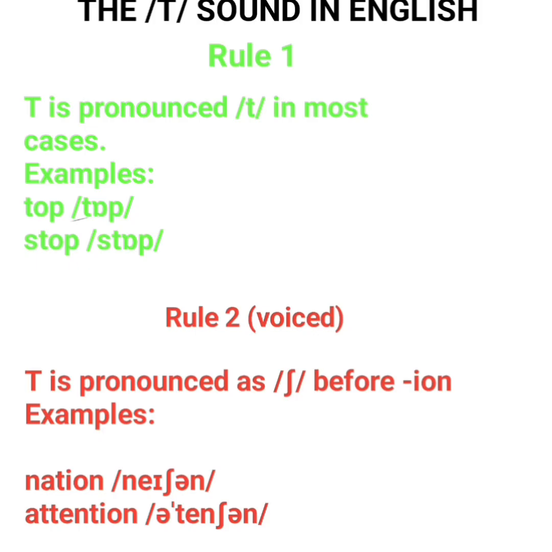But for now, we are saying consonant sound, and this one we have T. T is mostly pronounced as T, but in some few cases, T gives sh sound. So T is pronounced as sh in ION words, like nation, attention, and so on and so forth.